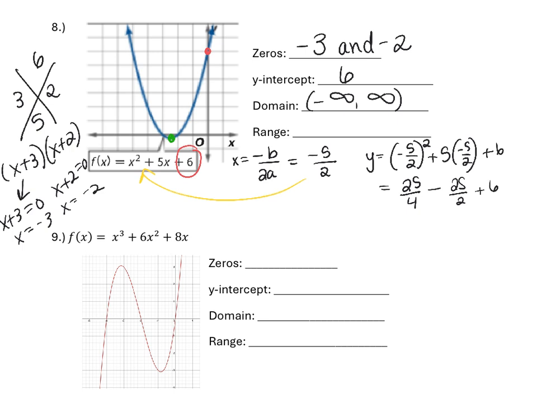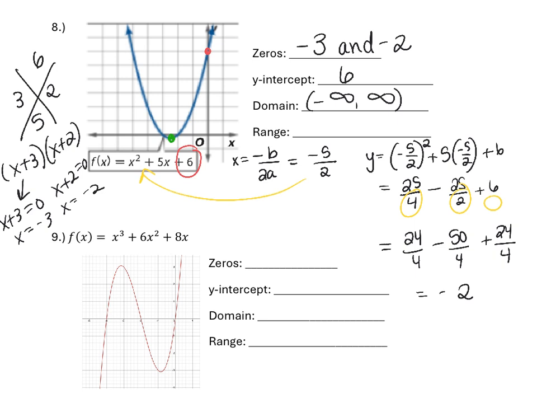I'm going to get a common denominator for everything so that I can add and subtract all these together. So 4 will be our common denominator: 25/4 minus 50/4 plus 24/4.